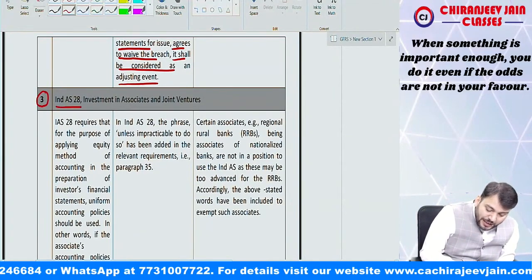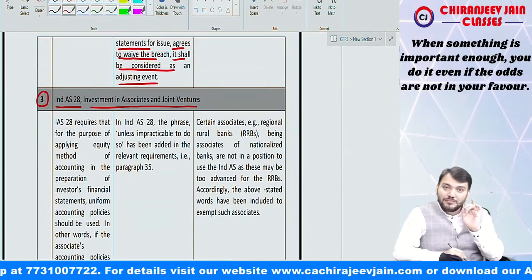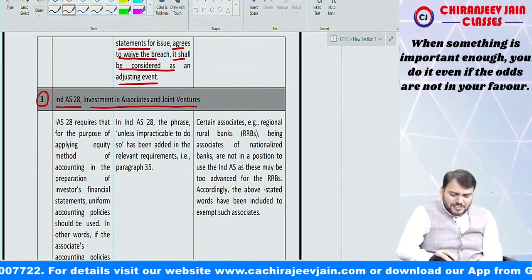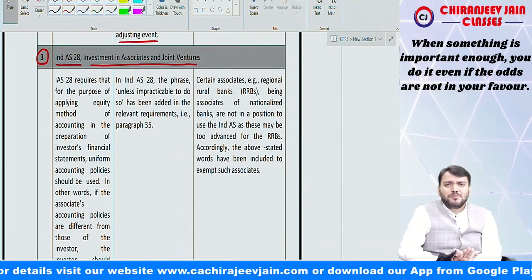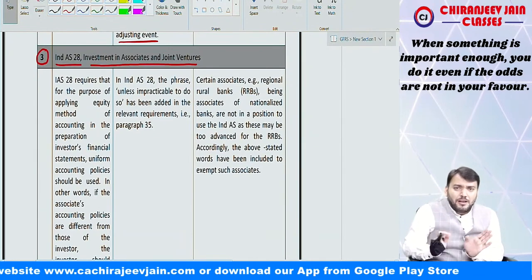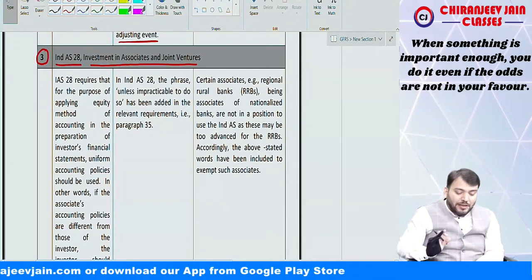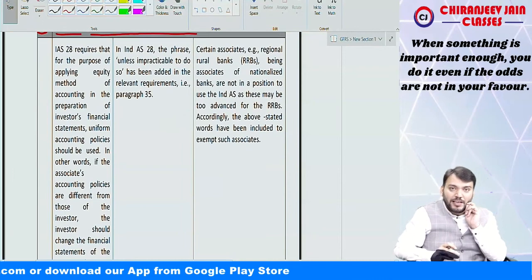Coming to point number three. In Ind AS 28, investment in associate and joint venture. You know about the equity method? This difference will not make any difference from an examination point of view. Only one phrase has been added under Ind AS 28. First, let us see what IAS 28 says.